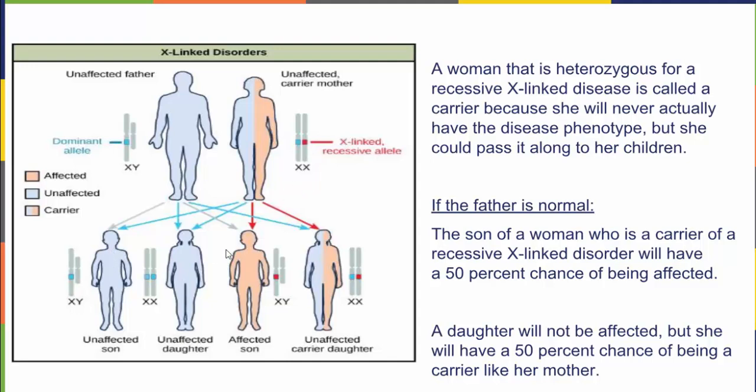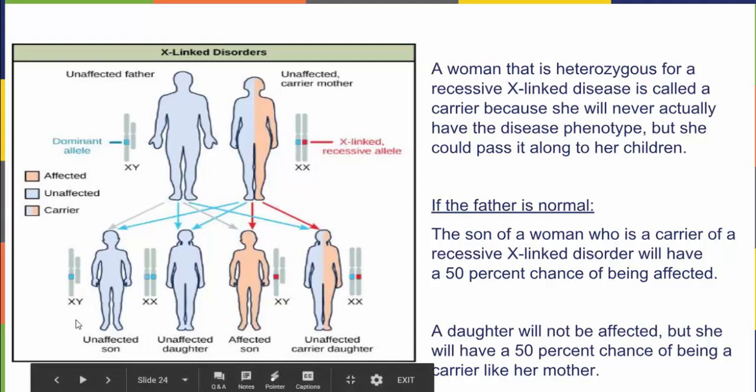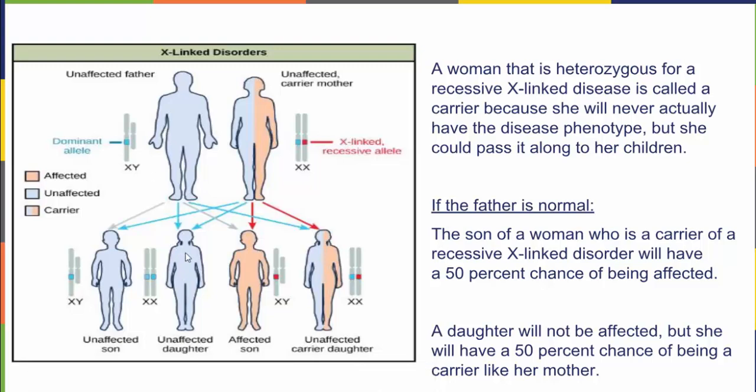So these were the 4 choices here. Of the boys, if the boy gets the good X from mom, he's unaffected. If the boy gets the bad X from mom, then he's affected with the disease. And the girls are always going to get dad's X, and if dad is unaffected, that means they always get a good X from dad. They don't get the Y from dad, because if they did, they would be he's and not she's.